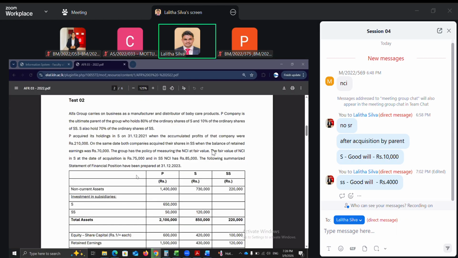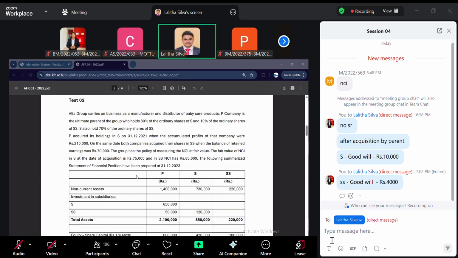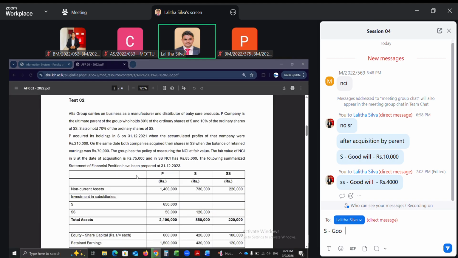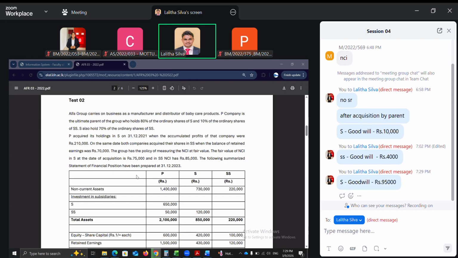I have got the same answer twice for the effective interest and the NCI, but there are some mismatches with the answers I'm getting for the goodwill values. Okay, quickly tell me the goodwill values. Two have given me two different answers. How about SS?